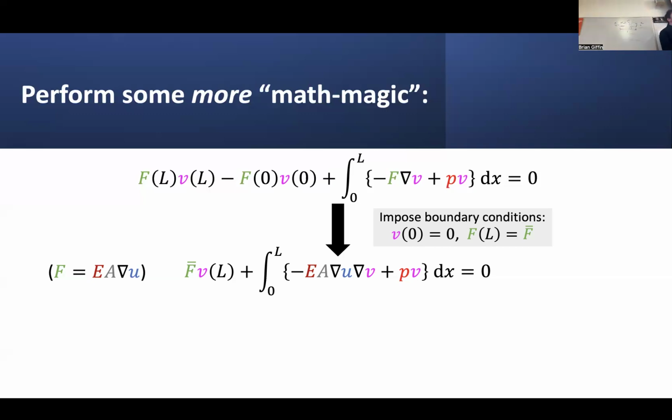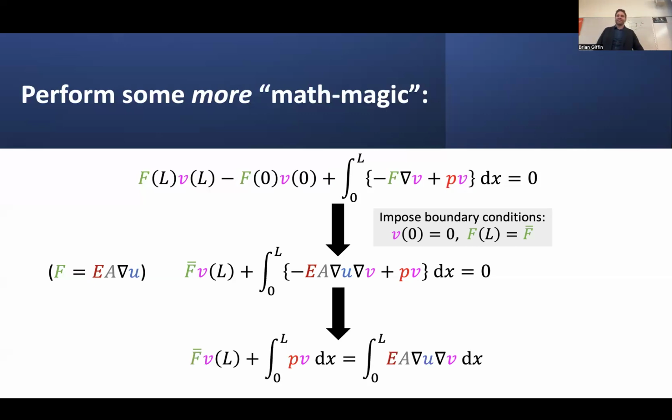We plug back in our expression for the internal force as depending on E times A times the strain field, or the derivative of the displacement field, to get this expression. And then lastly, we can just move things around to different sides of this equation to finally arrive at our statement of equilibrium, a weighted integral average statement of equilibrium that is nonetheless equivalent to the thing that we had previously, just after a few minor manipulations.